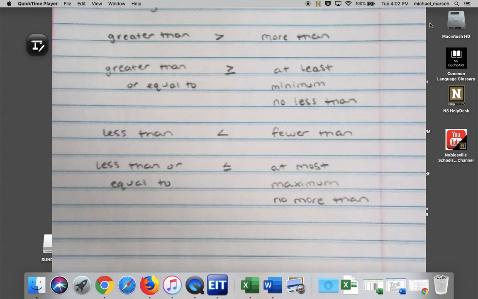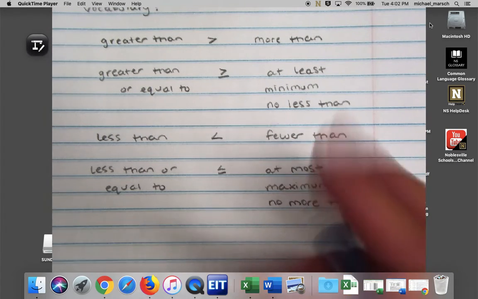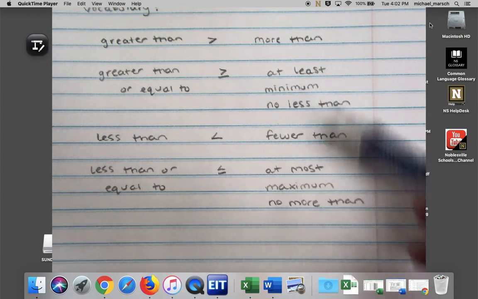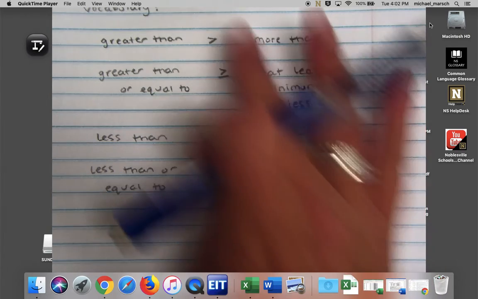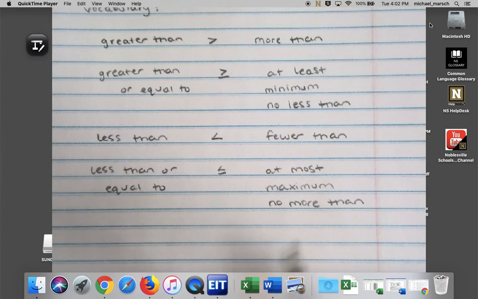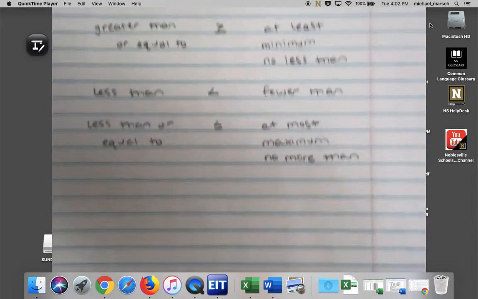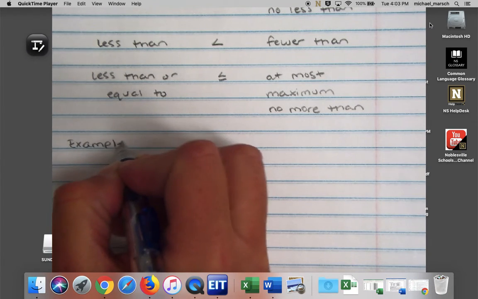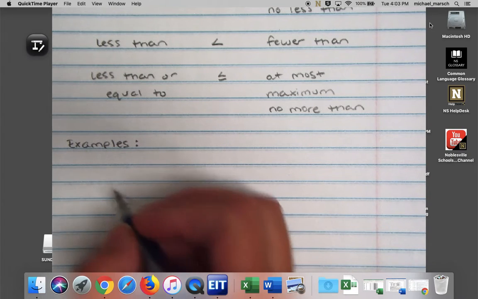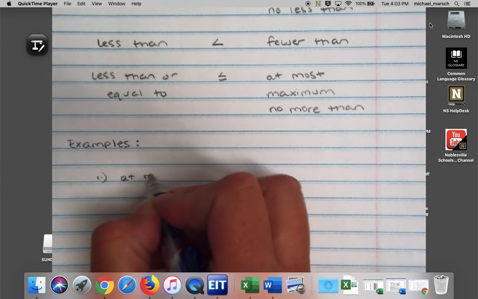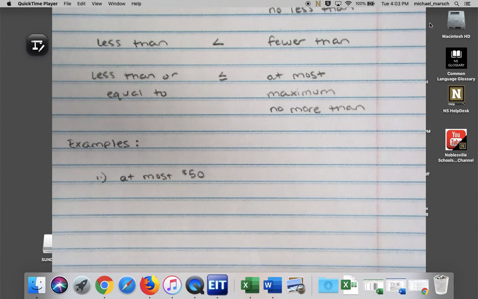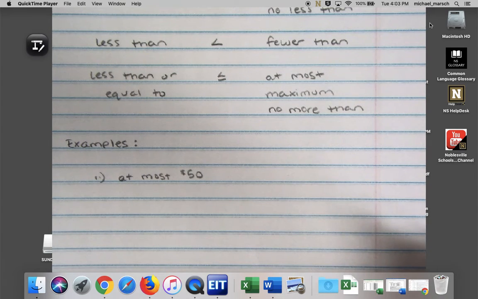Okay, so what we're going to do now is take these vocabulary words and ways to describe these symbols, and I'm going to give you a phrase and you're going to tell me how that would translate into an inequality. So if I have examples down here, and if I said at most $50, let's say I can spend at most $50 at the store.